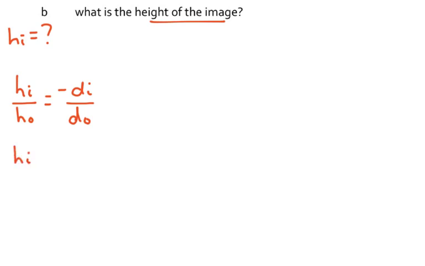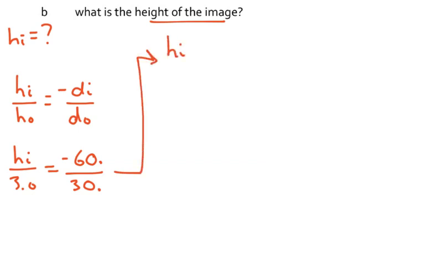HI we don't know. HO 3.0 centimeters. DI is 60, so negative 60. DO is 30. We can work out the right side.